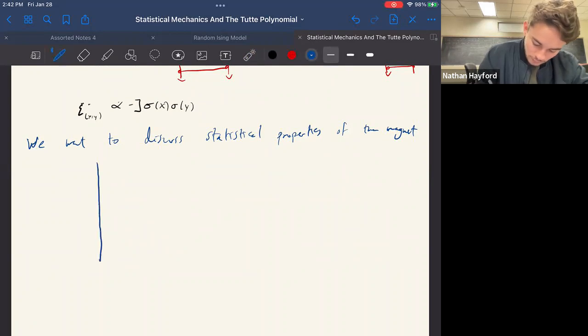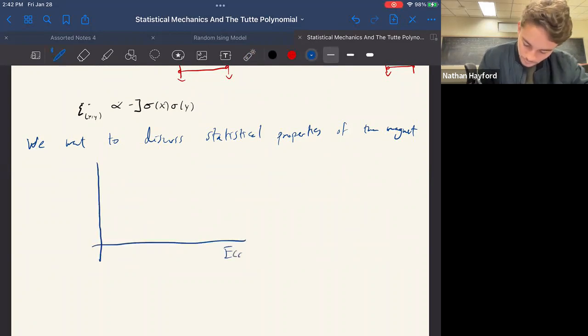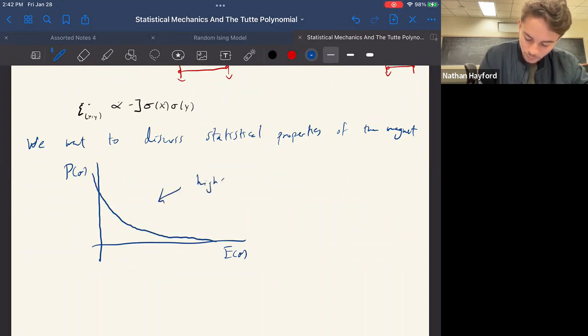So drawing this, here's E of sigma, P of sigma. The heuristic I'm going to use is that higher energy configurations are less probable.